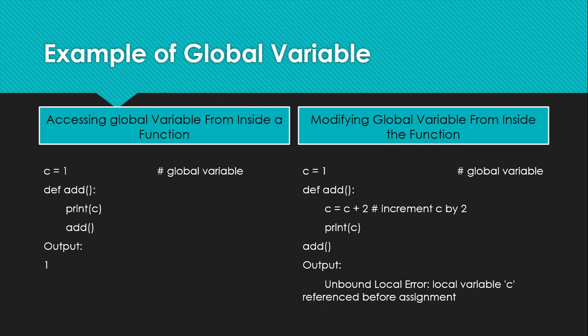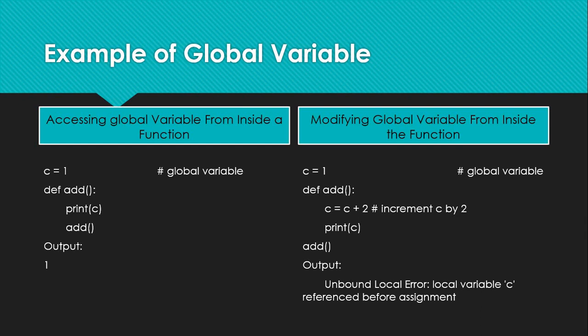When you call the function add, the function is evaluated and you get the output as 1. The next program on screen on the right hand side is modifying global variables from inside the function. If you look at the screen, you will see the function name is add.